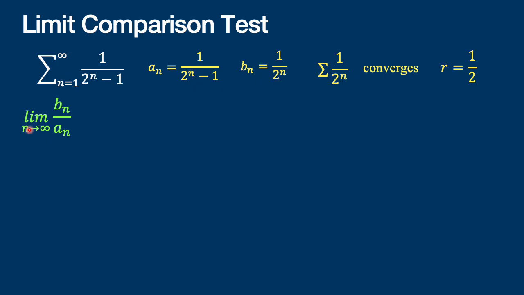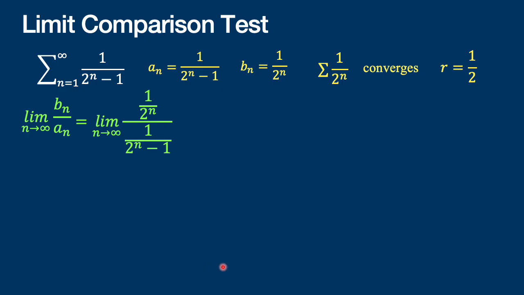So we're going to take the limit as n approaches infinity of bn over an. You can do an over bn, exactly the same result, guys. Bn is 1 over 2n and an is 1 over 2n minus 1.